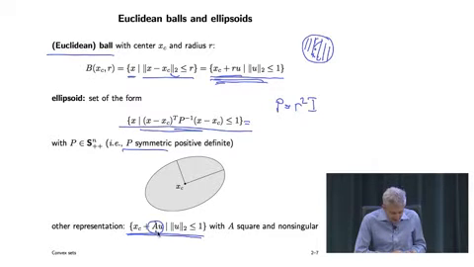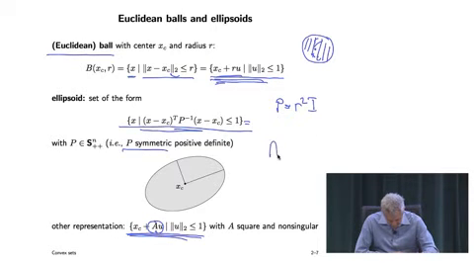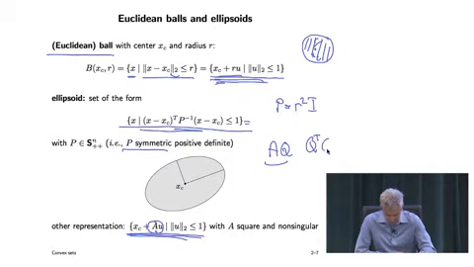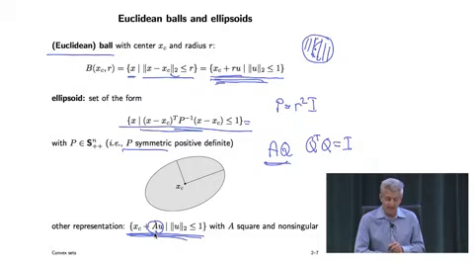Here, the A in this representation is not unique. There are multiple A's that would give you the same set. In particular, if I take A and multiply it on the right by Q, where Q is an orthogonal matrix, so Q is square and satisfies Q transpose Q equals I, then for sure AQ can be substituted for A here and you get the same set. The reason is quite simple.